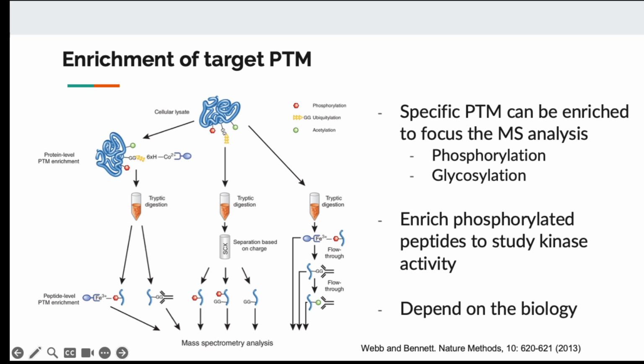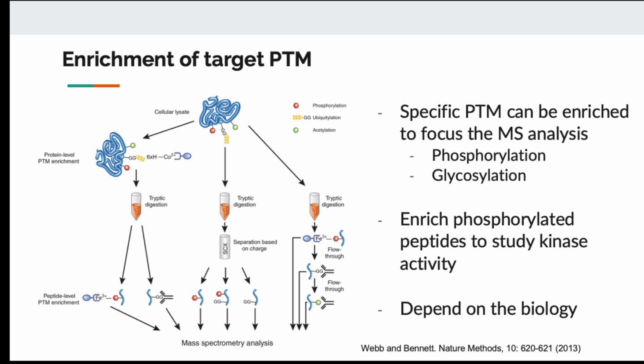Sometimes that's not enough. Sometimes you want to study a certain post-translational modification, and in general, PTMs are quite rare. If you have a certain number of molecules of the protein, only a small fraction will be modified. So if you want to analyze PTMs specifically, just diluting your sample into multiple fractions alone might not be enough.